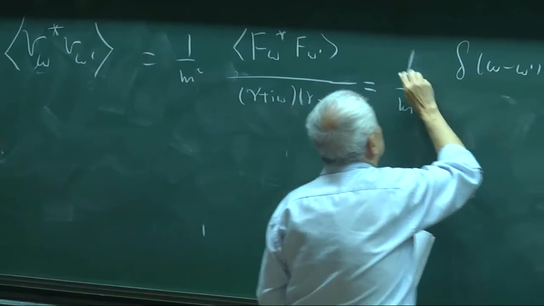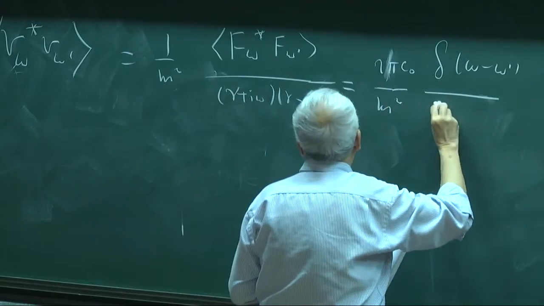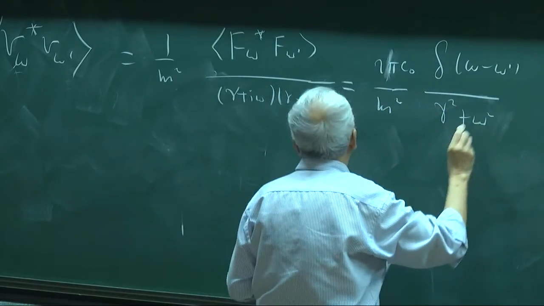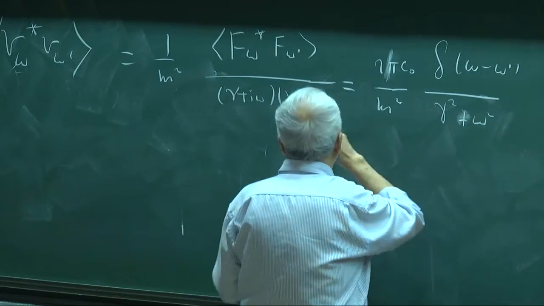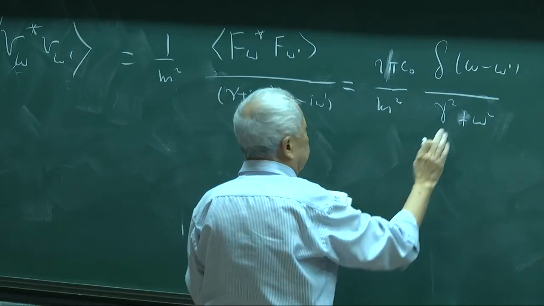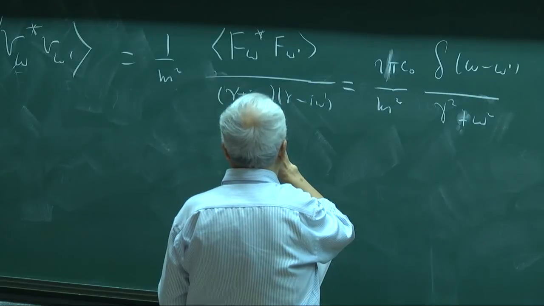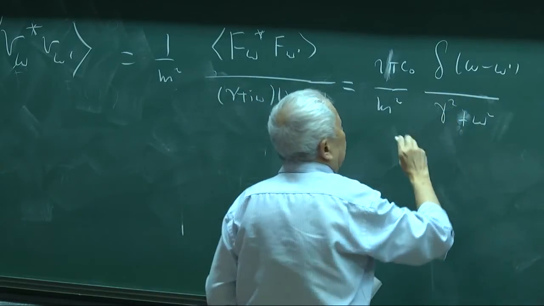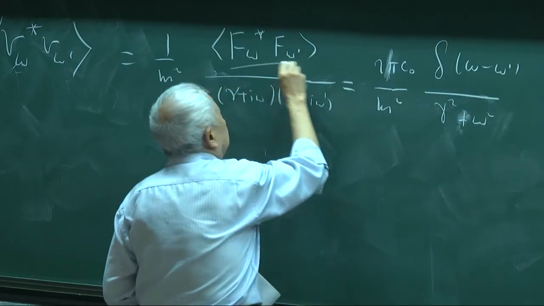This is 2 pi c divided by gamma squared plus omega squared. And this comes from this.